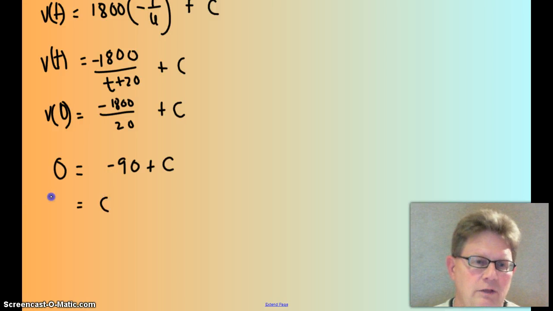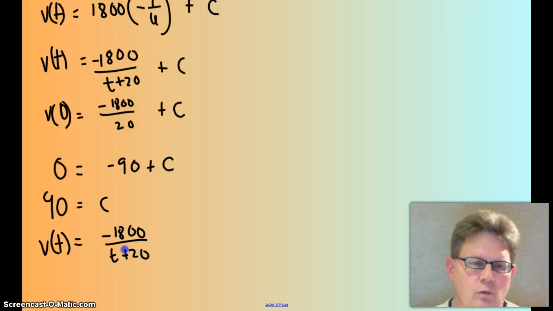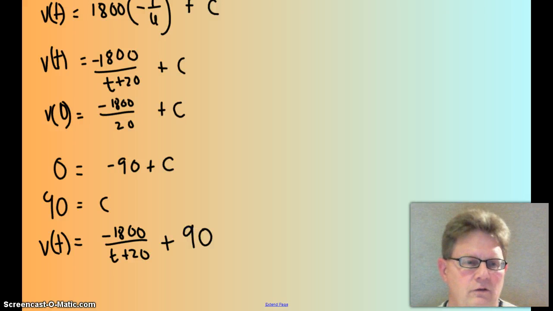So c must equal 90. So our velocity function must equal negative 1800 over the quantity t plus 20 plus 90. There is our acceleration function. No, I'm sorry, our velocity function.